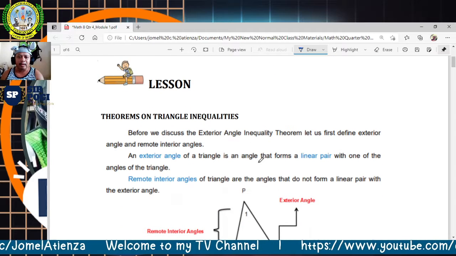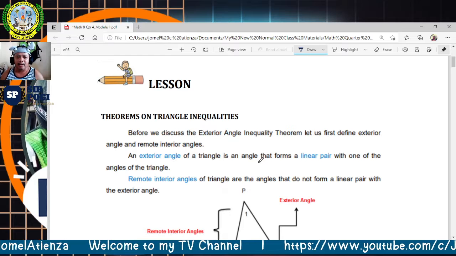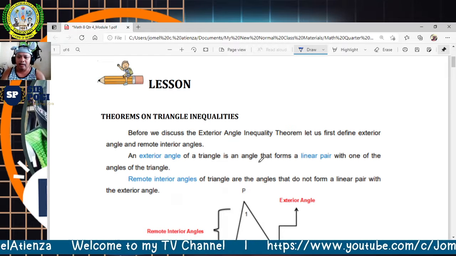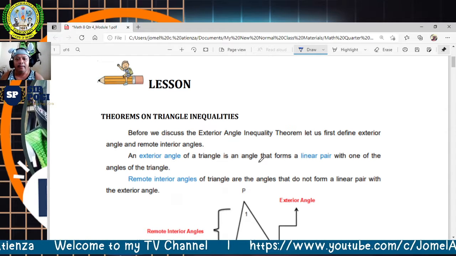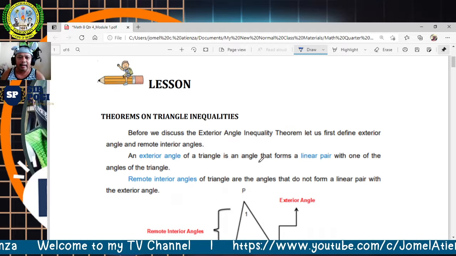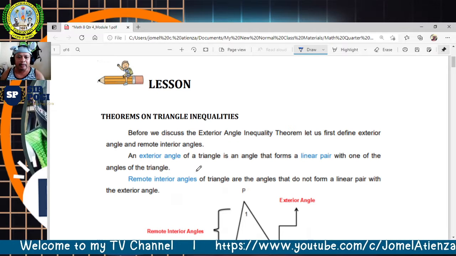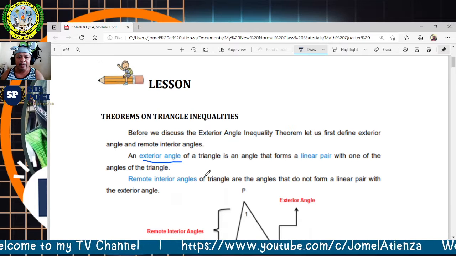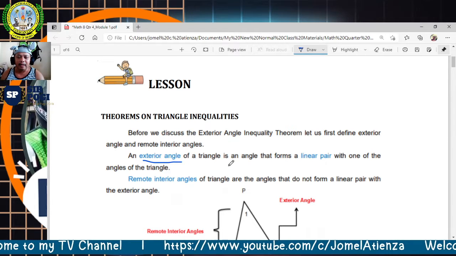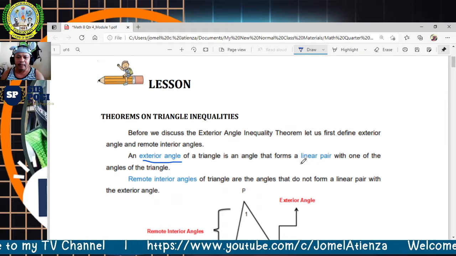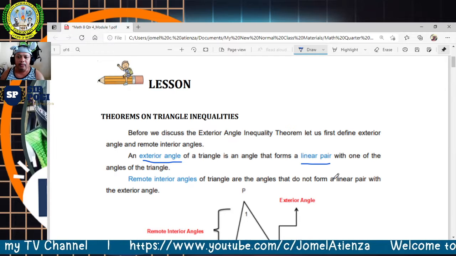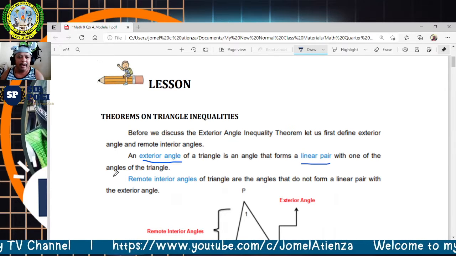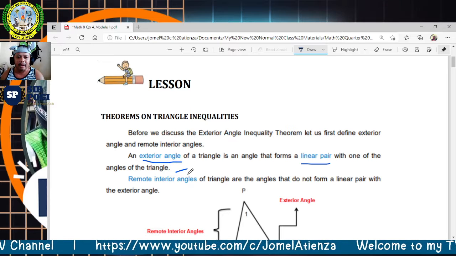Before we discuss the exterior angle inequality theorem, let us first define exterior angle and remote interior angles. An exterior angle of a triangle is an angle that forms a linear pair with one of the angles of the triangle.